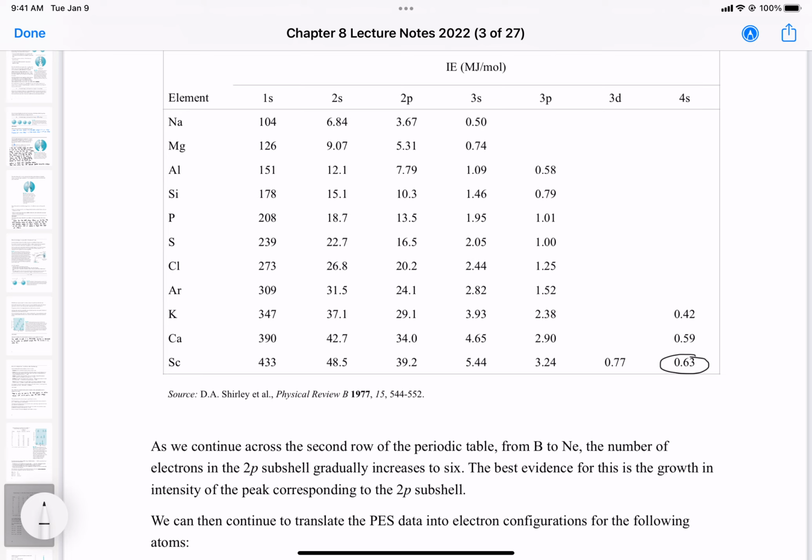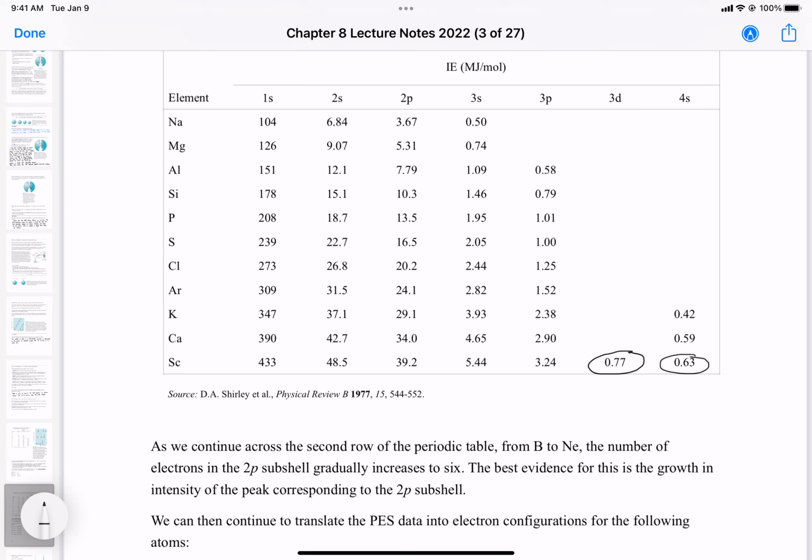In this case, we're forgetting about the 3d. What actually happens is the 4s is lower in energy than the 3d, and the next electron is higher in energy than the 4s. So it turns out that the 3d comes after the 4s in this case.